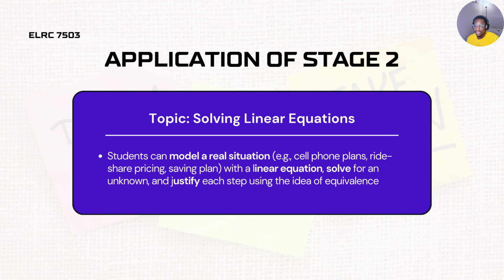So this is the stage where I want students to model this real world situation with a linear equation, solve for an unknown, and justify each step using the idea of equivalence.